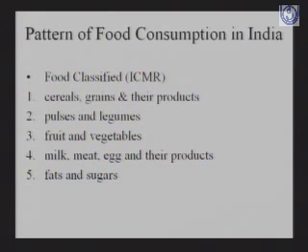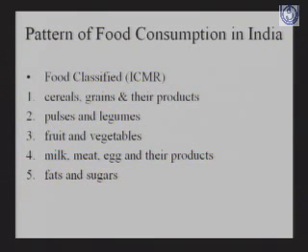Cereals, grains and their products provide mostly carbohydrates. Pulses and legumes are rich in protein. Fruits and vegetables provide vitamins and minerals. Similarly, milk, meat and eggs provide proteinaceous material to our diet. And fats and sugar are a source of energy in our diet.